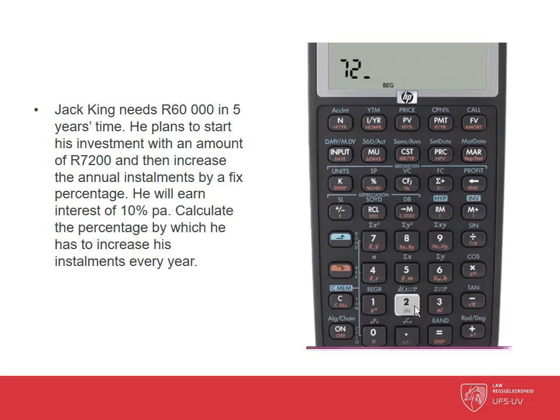My 7,200, which is negative because it's a payment that I'm going to make, over 5 years, and I want to know what the interest rate is. Now you're going to see it works out to be negative 1.68. Just because it's negative, it doesn't mean that the actual return is negative. We're still going to put it into our formula as a positive value. So just note there, it's 1.68.